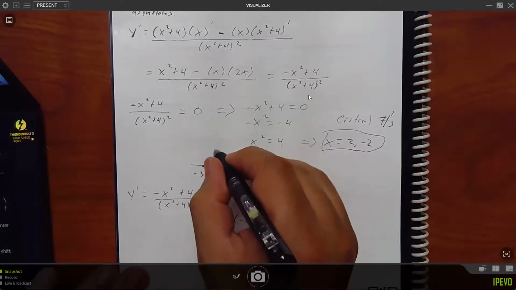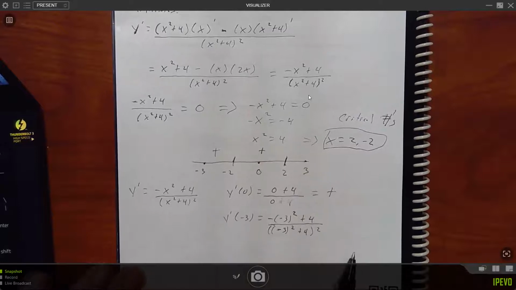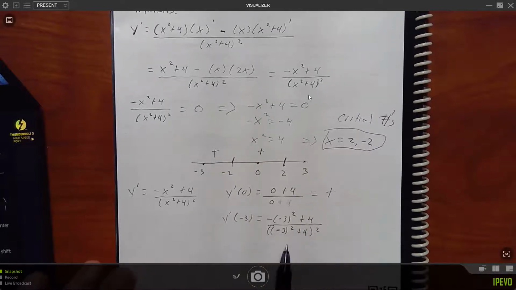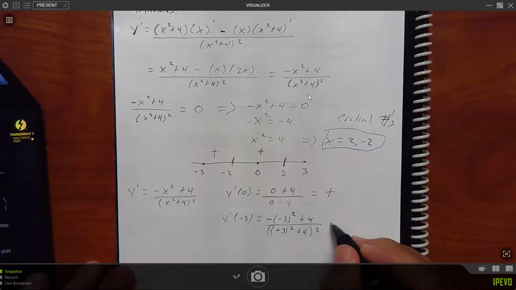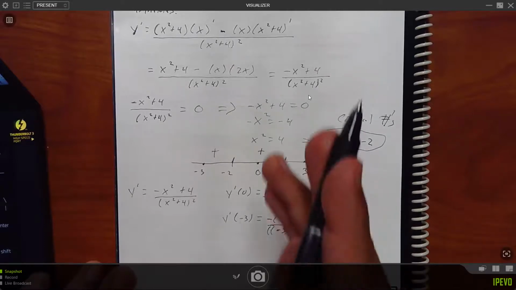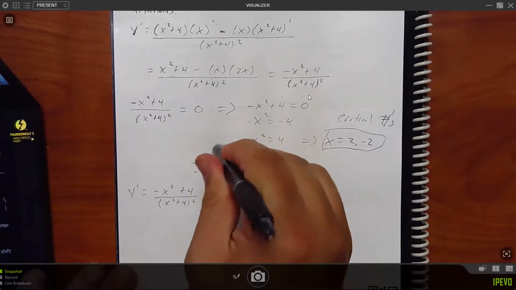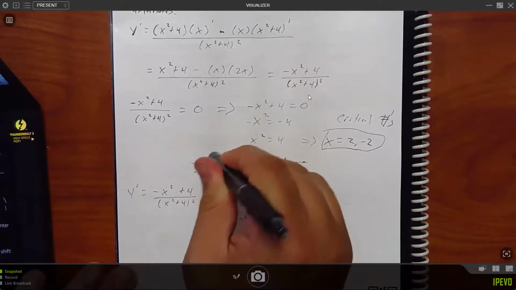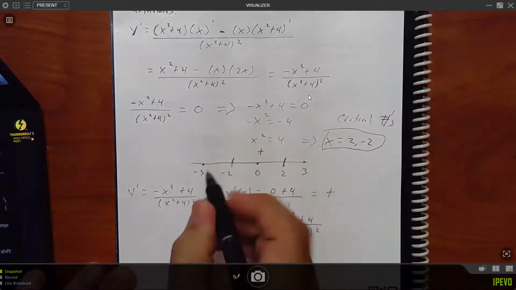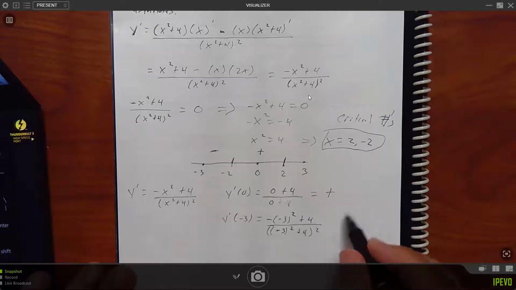Is that clear or no? Actually, no, it's not. Negative, negative. So 9 minus, oh, yeah, this is negative. Plus 4. Not that. Right here, this is all my testing.